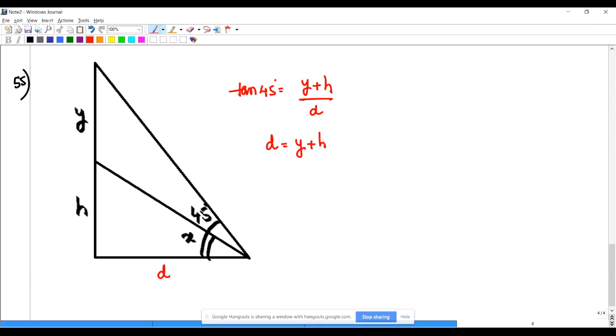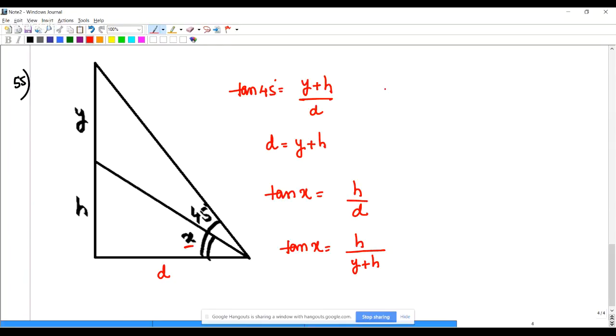In a similar fashion, if you take tan x, which is equal to h by d, and we already know the d value is y plus h, take it as tan x is equal to h by y plus h.